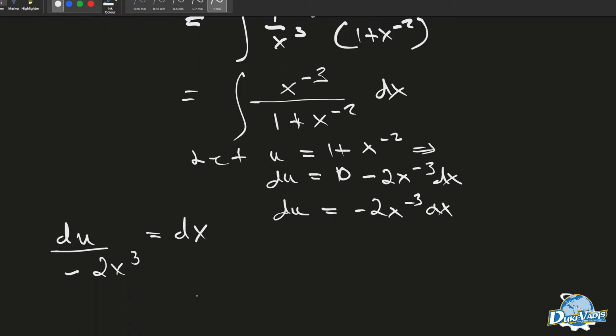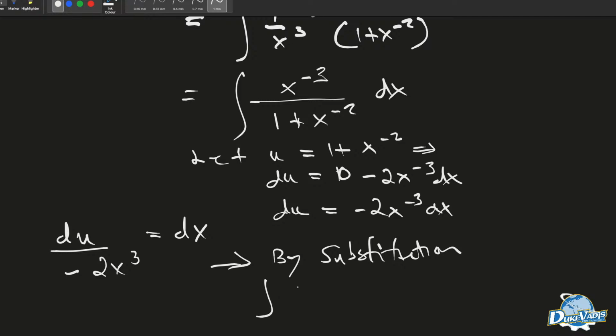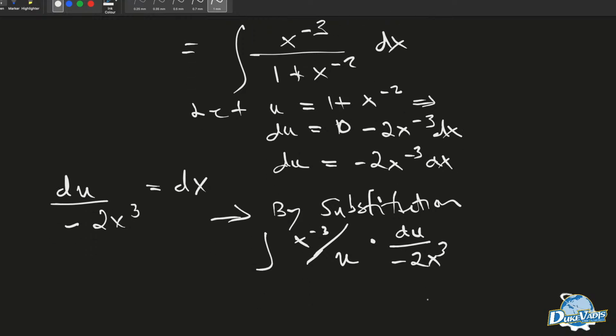Okay, so by substitution, we will say that the integral of x negative 3 over 1 over u times du over negative 2x cubed.